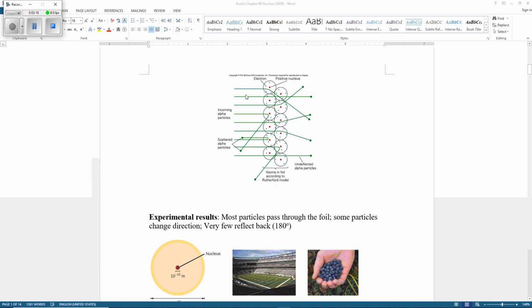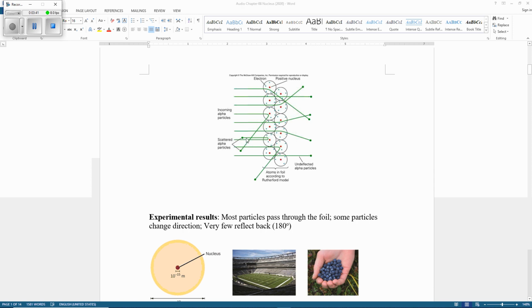Okay, so here's what happens. Most of them pass. Some change direction, like this one and that one. Very few change back in this direction and even go 180 degrees.